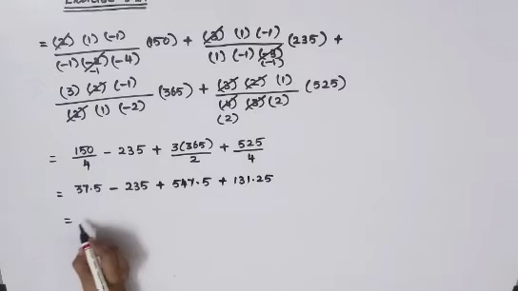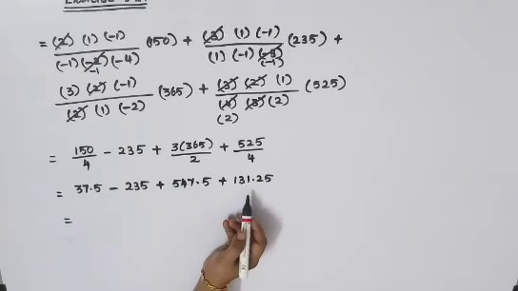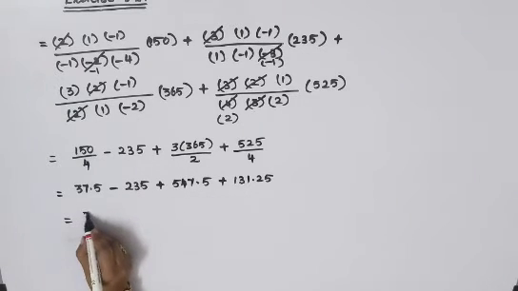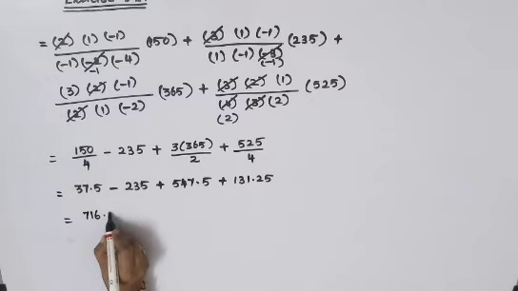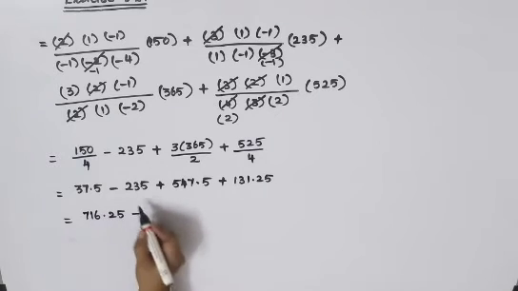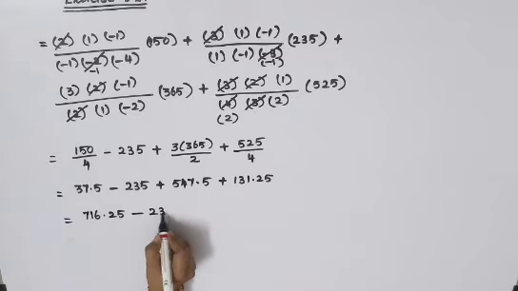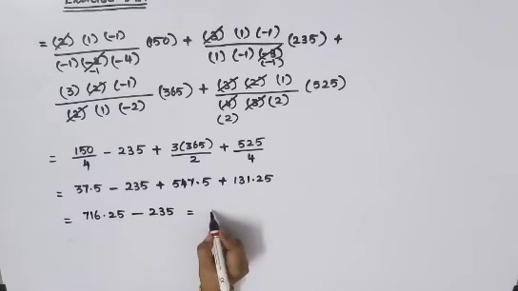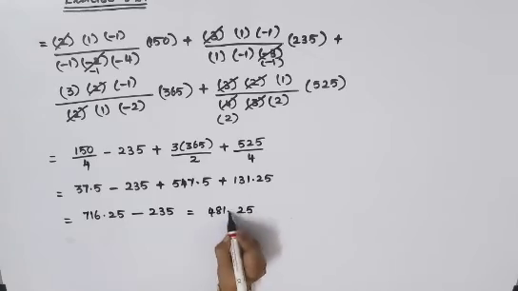So which is equal to, adding all these plus terms, you'll get it as 716.25 minus only one negative term is 235. So subtracting, you'll get your answer 481.25. So this is the answer for your 11th question.